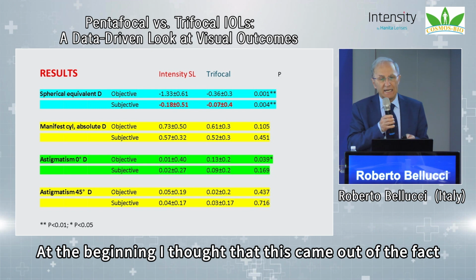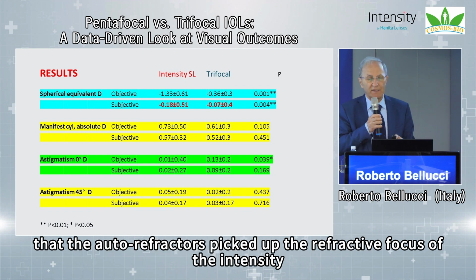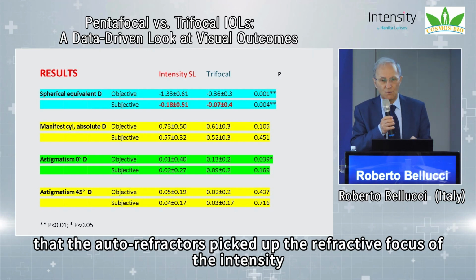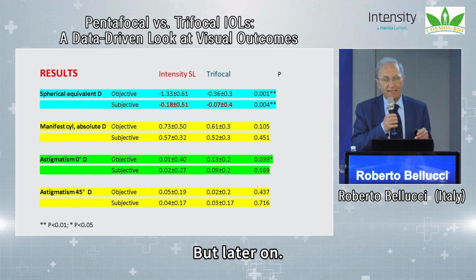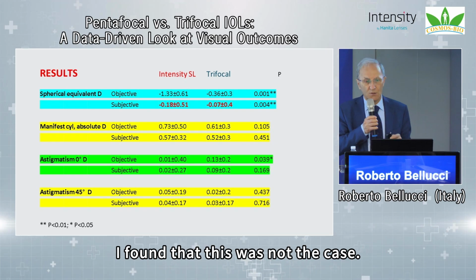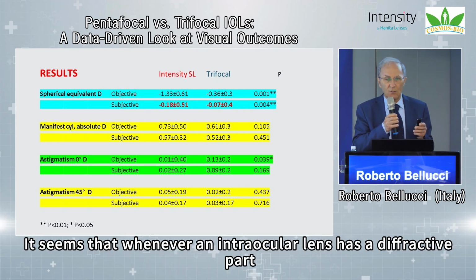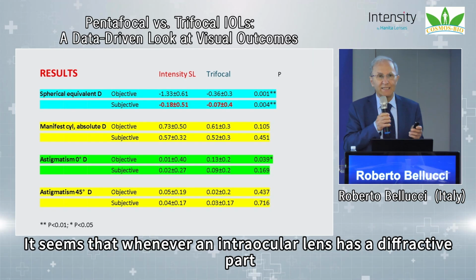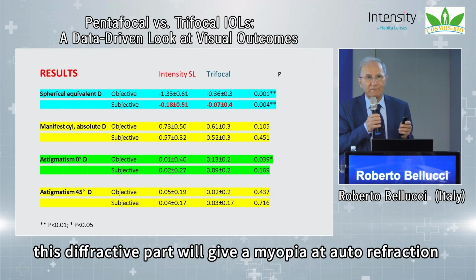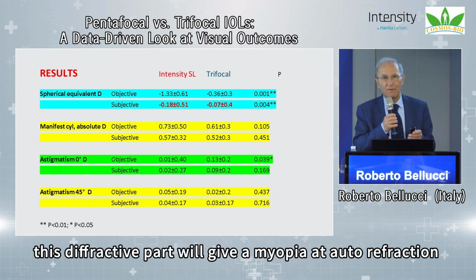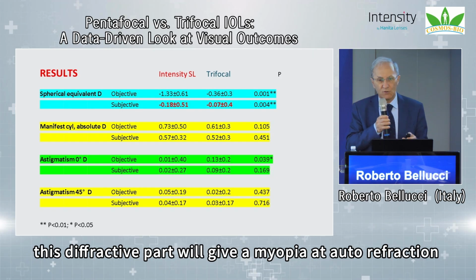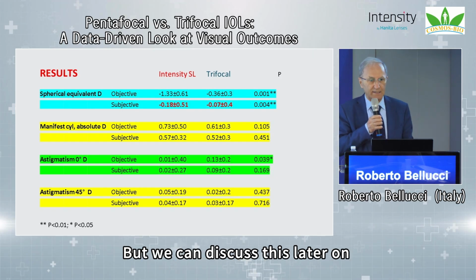At the beginning, I thought that this came out of the fact that the autorefractors picked up the refractive focus of the Intensity. But later on, I found that this was not the case. It seems that whenever an intraocular lens has a diffractive part, this diffractive part will give a myopia at autorefraction, but we can discuss this later on.